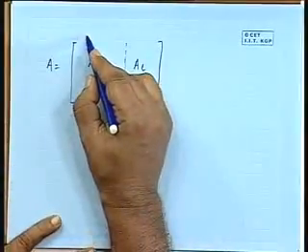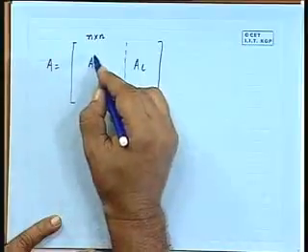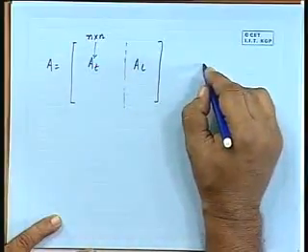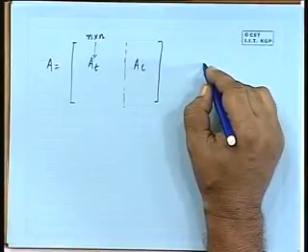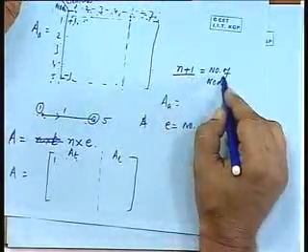This matrix AT is n by n. What will be the number of elements in a tree if you are having n plus 1 as the number of nodes?